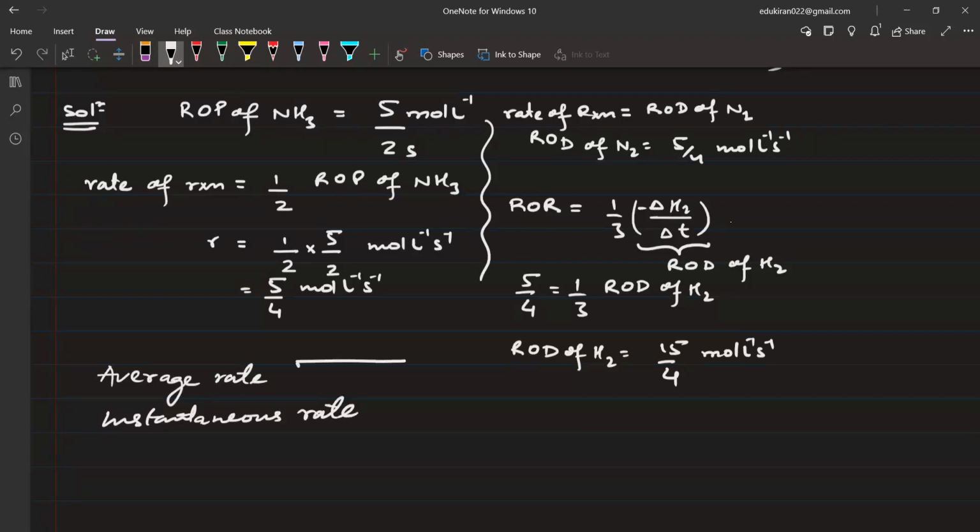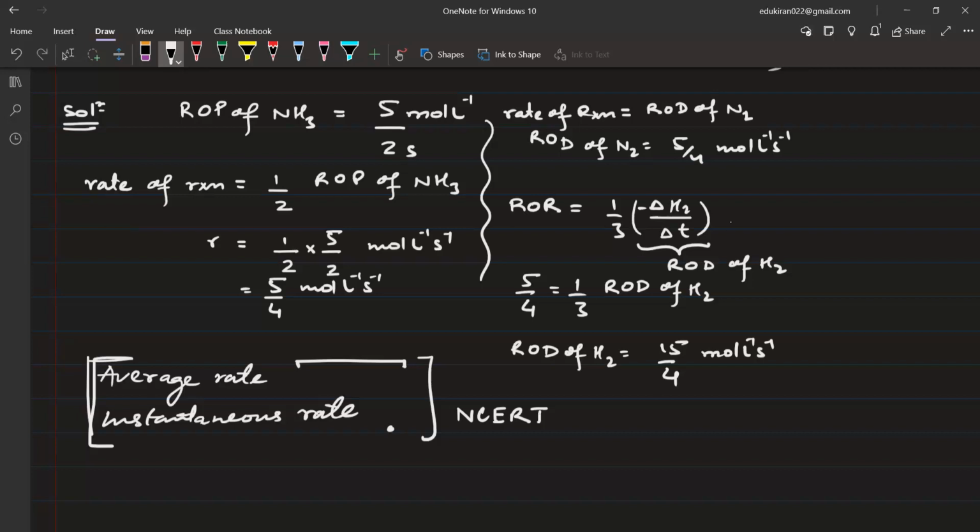Average rate is measured over a period of time. Instantaneous rate is measured at a particular time. So you are going to write the notes of average and instantaneous rate from NCERT. Whatever you write from NCERT, you have to write it again, in case it asks you to differentiate between average and instantaneous.